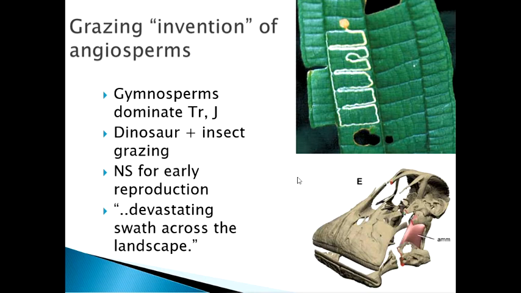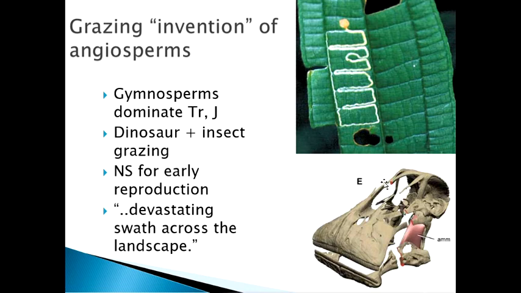But in the Cretaceous, we invent angiosperms. And what an angiosperm is, it's flowering plants. It's all flowering plants. Plants that have pollen. And why they did this, there was a natural selection for early reproduction by these plants before they could be eaten by those things that we mentioned before, the aphids, plant hoppers, things like that.